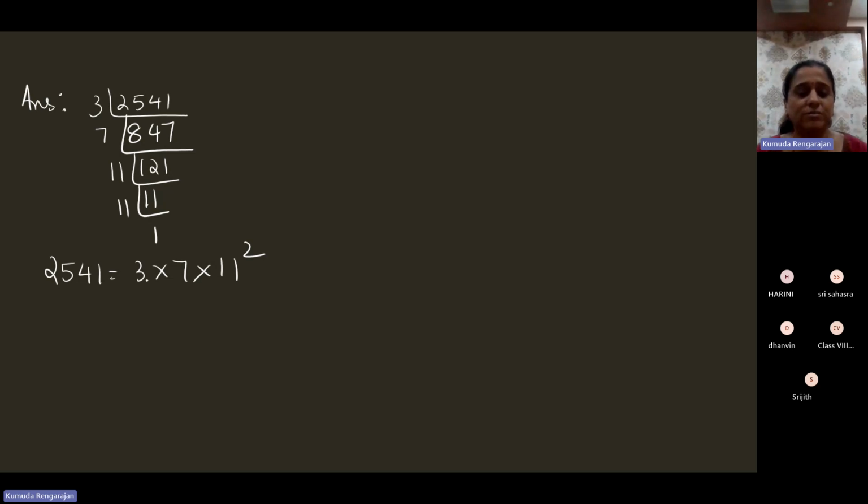So here we see that the primes 3 and 7 don't occur in pairs, so you should take them away. If you have to find the least number to be multiplied, you should include the factors. To find the least number by which it should be divided, you must remove the factors that don't occur in pairs. So 3 into 7 is equal to 21.